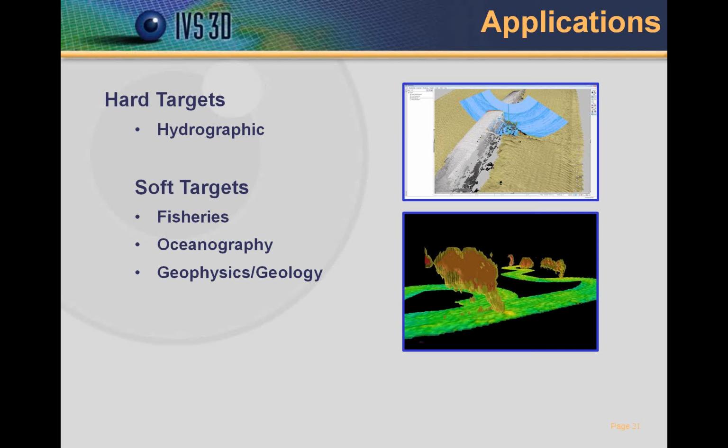So applications, and actually what's interesting is these are growing as we speak, as folks are starting to use the water column tool to do more things than we initially envisioned. Obviously hard targets, our hydrographic folks are using the Midwater tool to enhance wreck surveys.